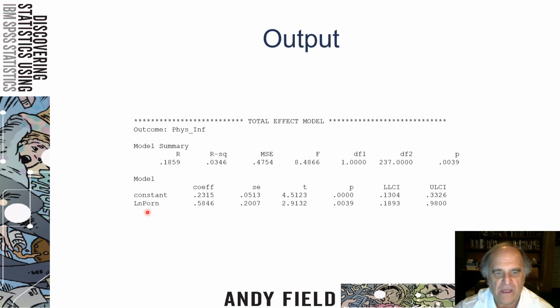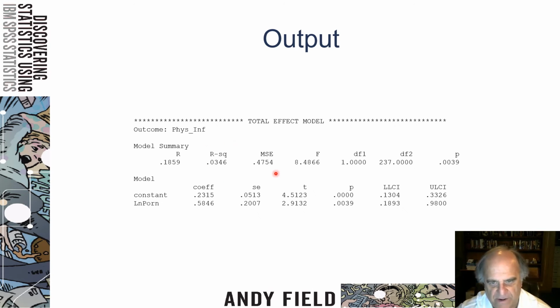So this is telling us that if we take the mediator out, if we just look at the impact of pornography consumption on physical infidelity, the R is 0.1859, the R squared is 0.0346. So pornography explains about 3% of the variance in physical infidelity.